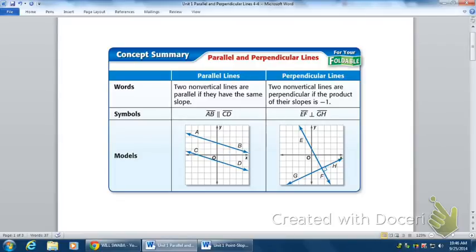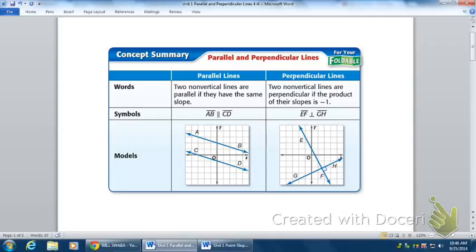Now, for perpendicular lines, two non-vertical lines are perpendicular if the product of their slopes is -1. What that means is, first of all, they have to have a right angle.